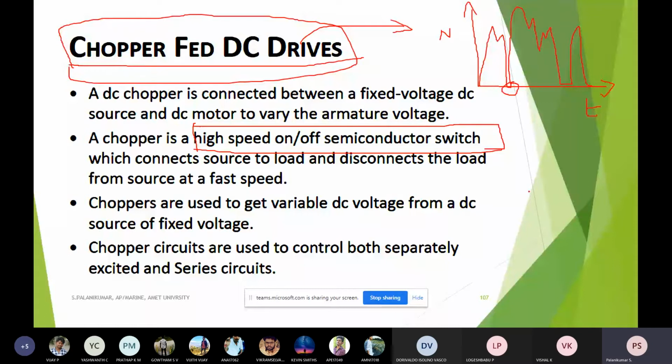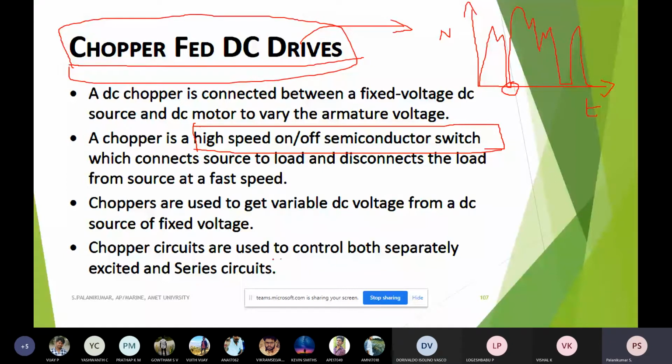I can also have continuous conduction mode, which is another big advantage of a chopper. Choppers are used to get variable DC from a fixed DC voltage.